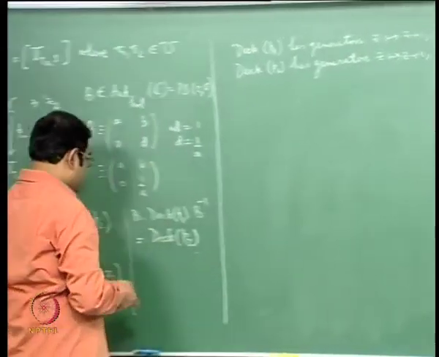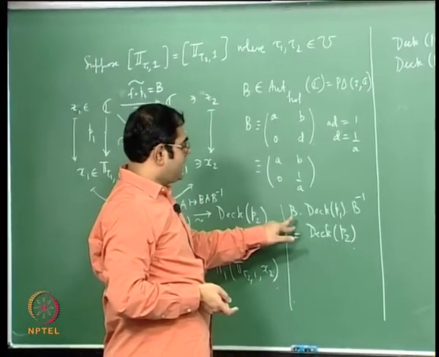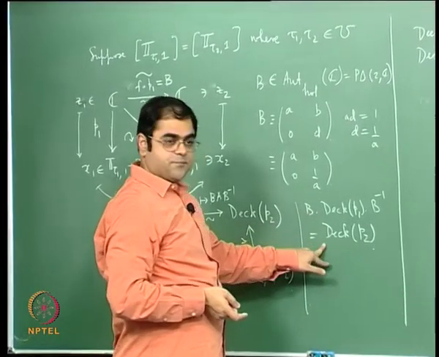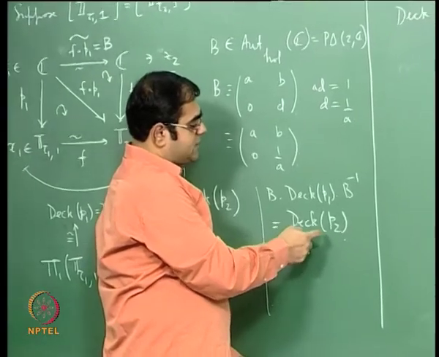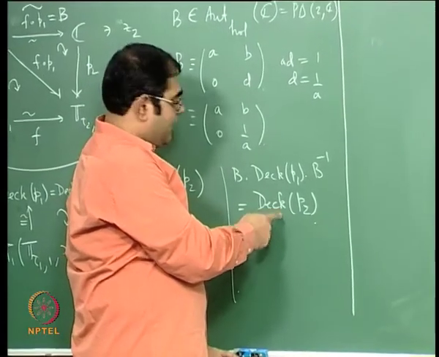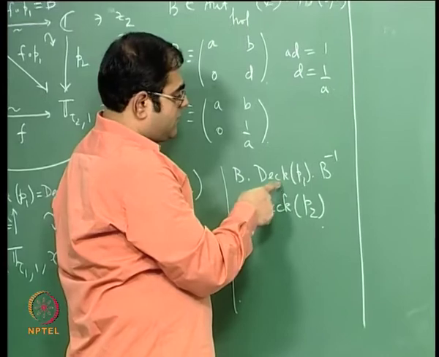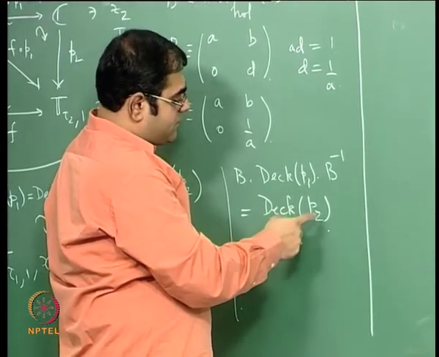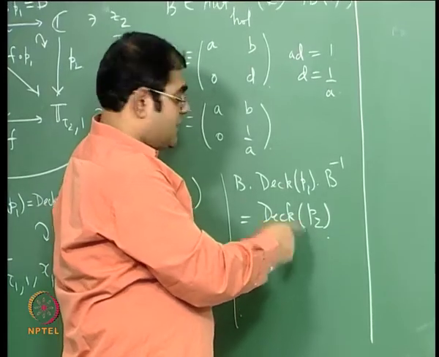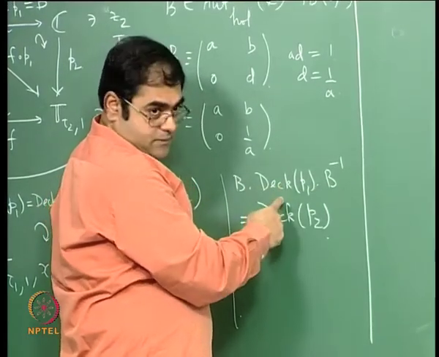Now you see, if you look at this, what this will tell you is that if I take z going to z plus 1, then it is a conjugate of an element here, okay, and similarly z going to z plus tau 2 is a conjugate by b of an element here, okay.